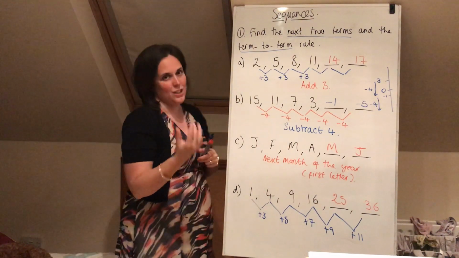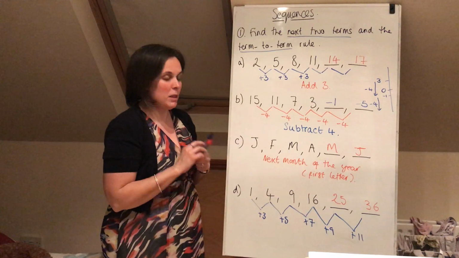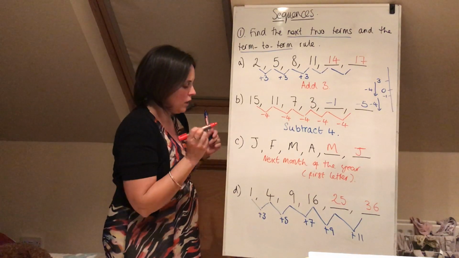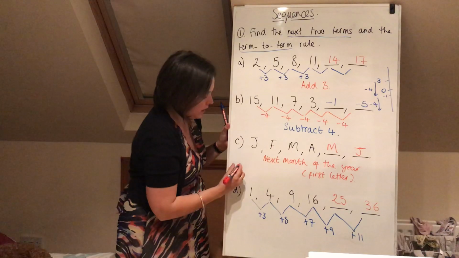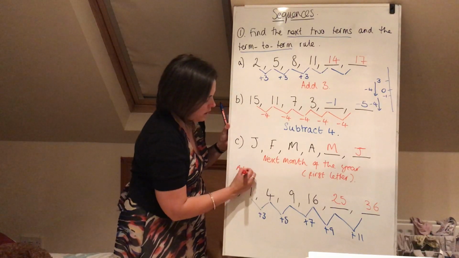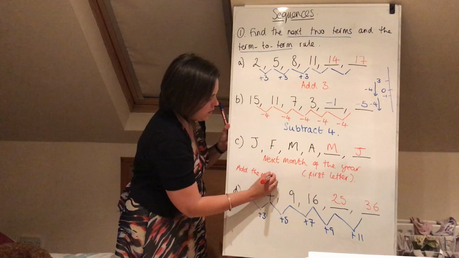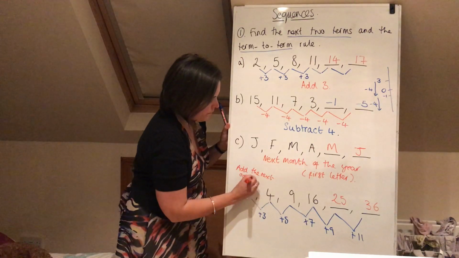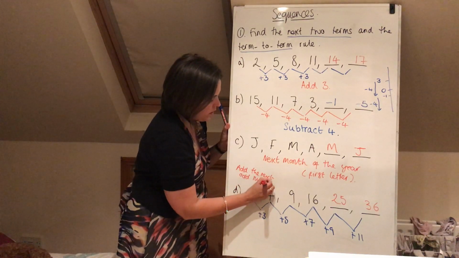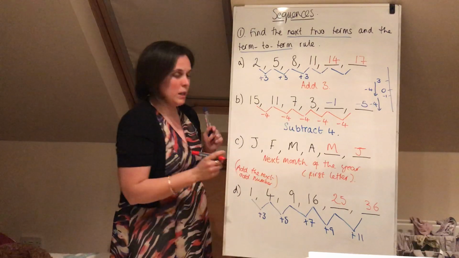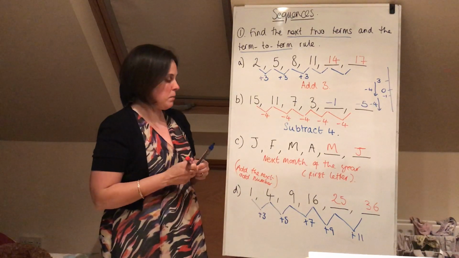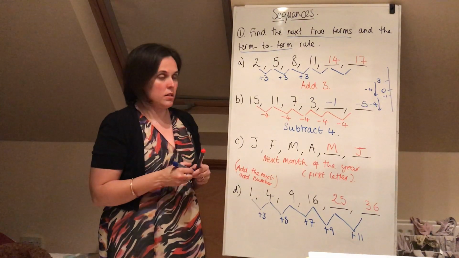Now that would actually count as being the nth term, but the term to term rule for this one, what we would actually say is we are going to add the next odd number. So that would be your term to term rule for that particular sequence.